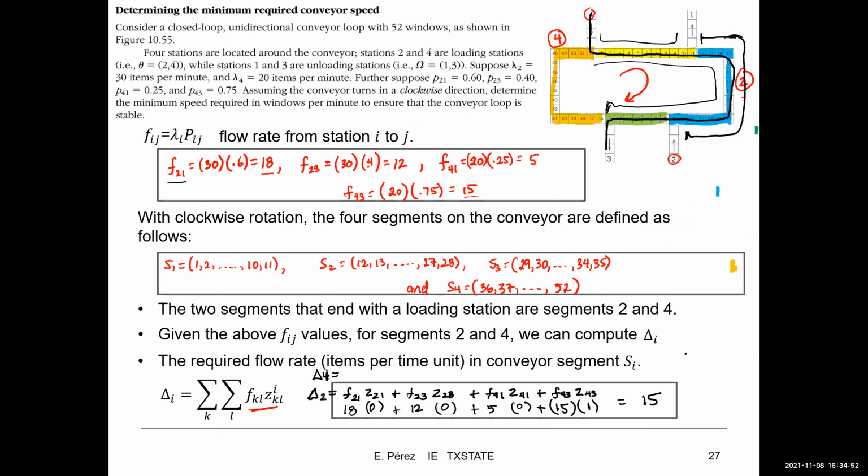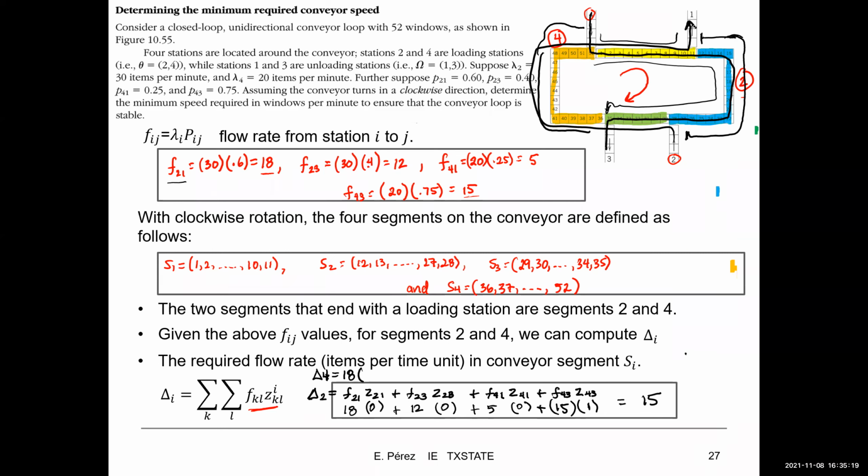So lambda 4. Now we are focusing on this piece of the conveyor, the orange piece. So we have 18 times, from 2 to 1, we are using this piece. Yes, we go from 2 to 1.